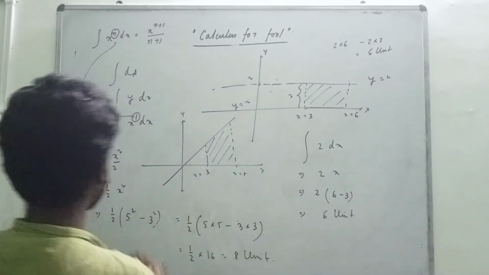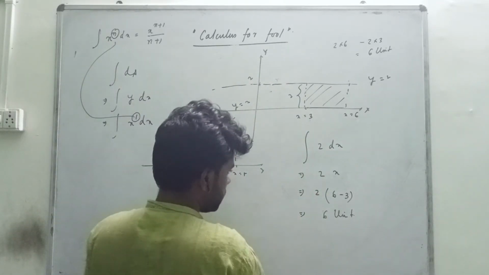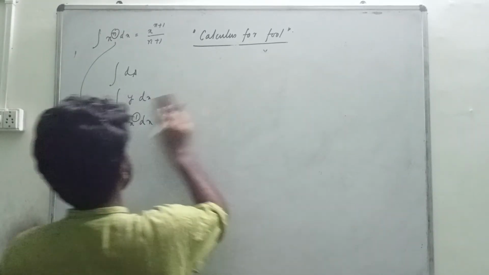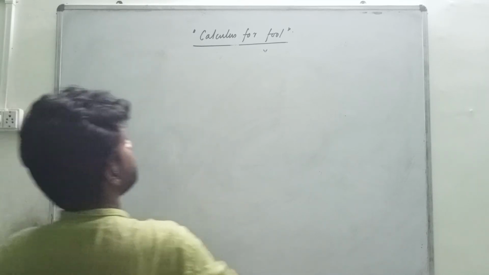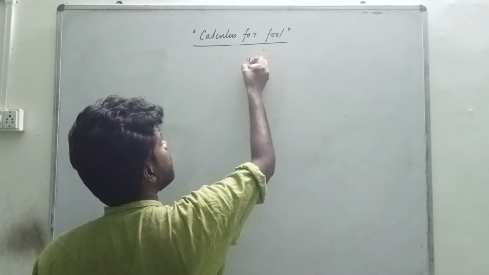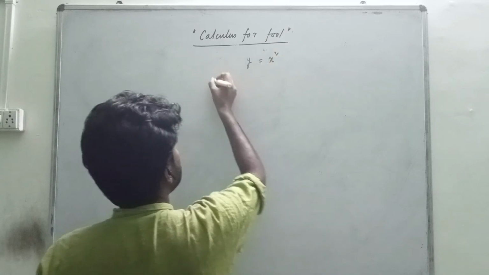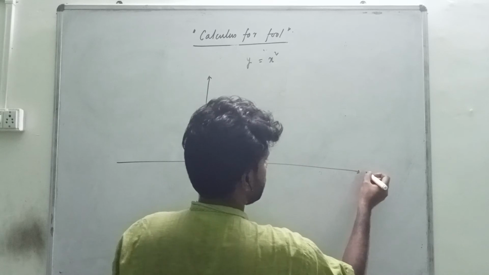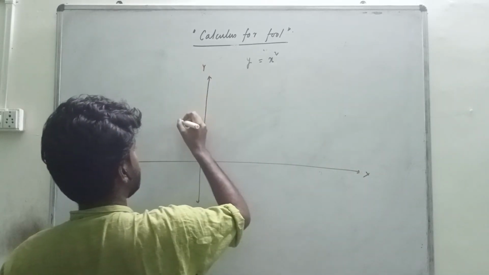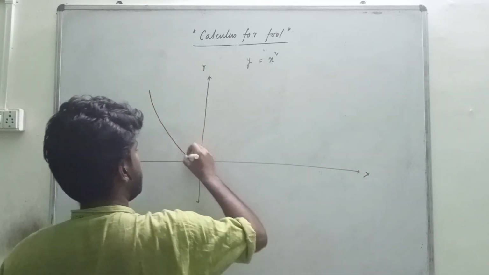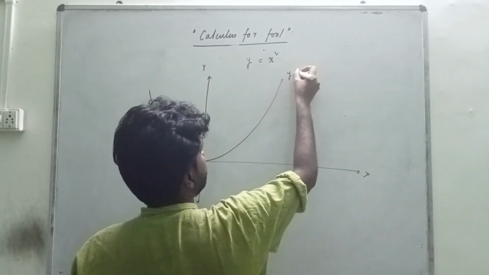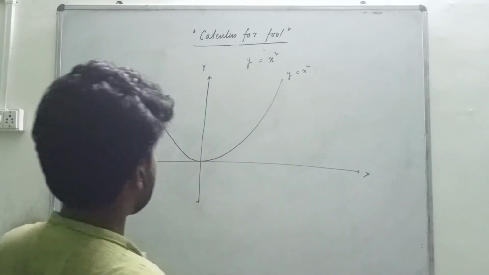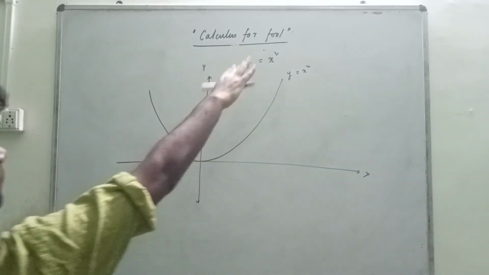Okay, so now for another example, if I introduce a graph of y equals x squared, right? And if I ask you to calculate the area, if you draw y equals x squared in your coordinate system, you will get this type of graph.